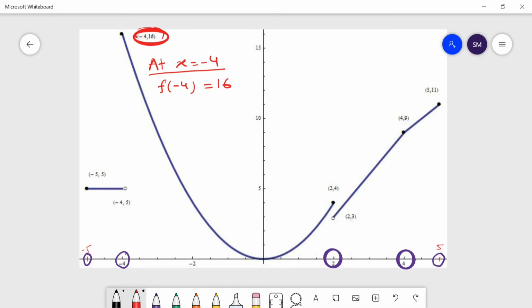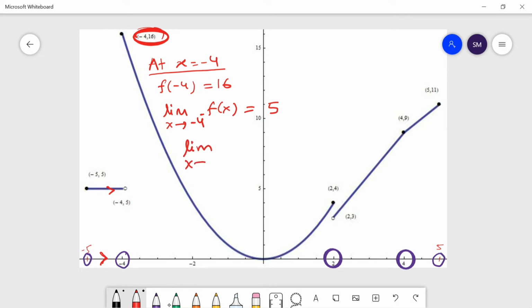For the limit, we need to check the left hand limit and right hand limit. So the left hand limit, x tends to -4 minus f of x, if you see the graph, when you come from the left hand side, it's coming to 5. So this is equal to 5.